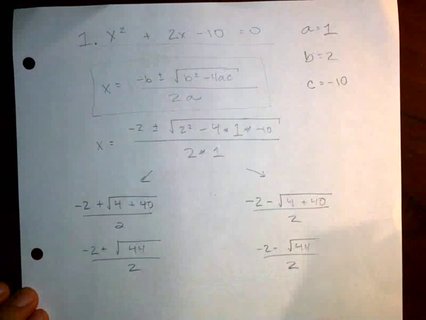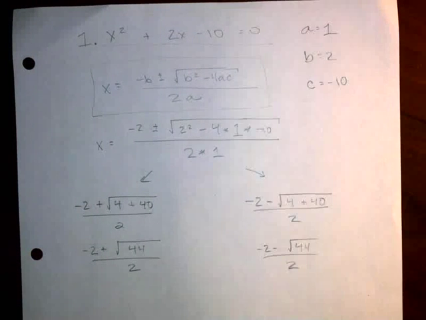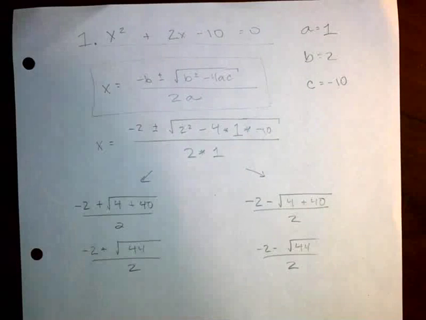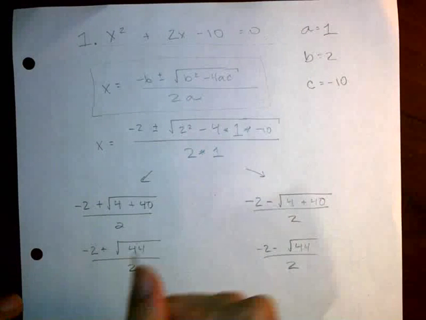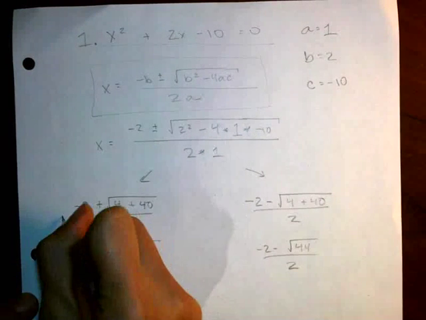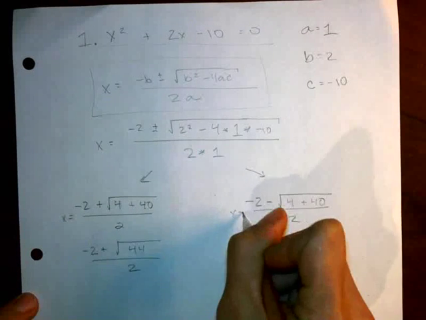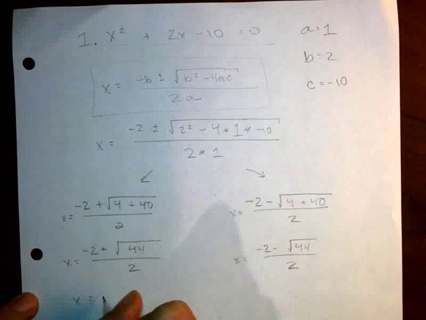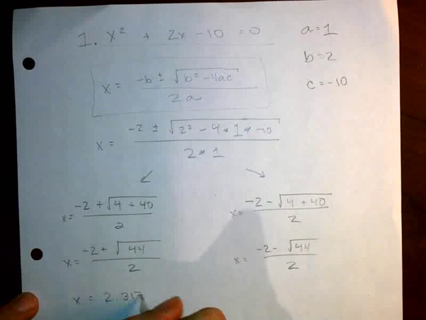At this point, you are fine to put this in your calculator if you want, and get a decimal number for what the solution is to this problem. So plug that into your calculator, and you will get that the positive root is 2.317.